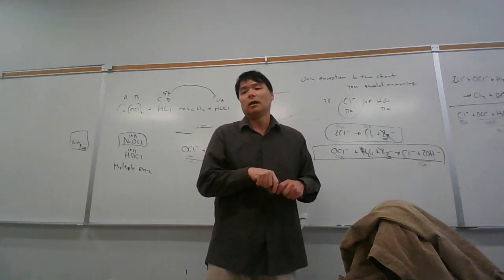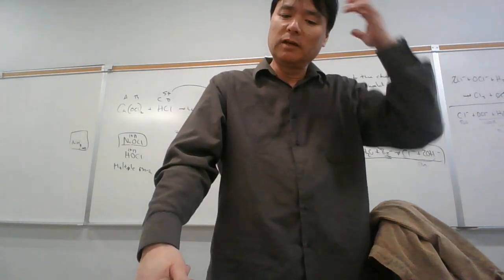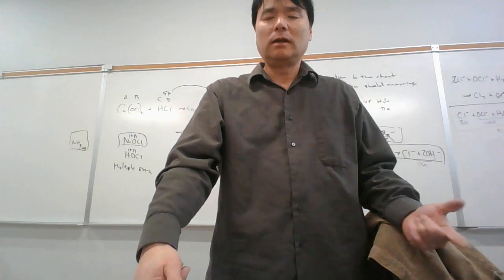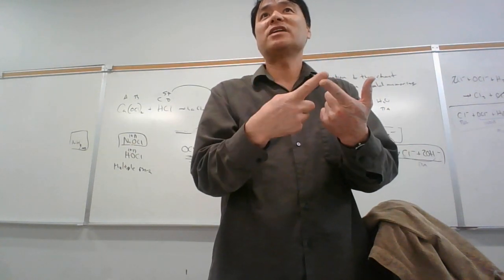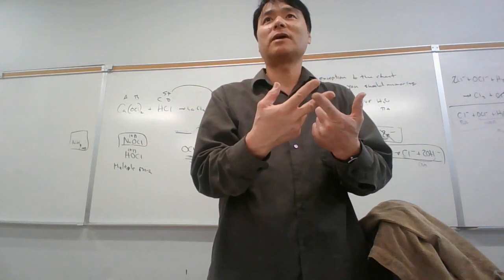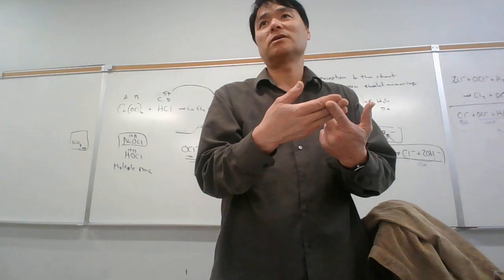Normally we try to keep things simple, but what typically we do is we look, is there a metathesis reaction, yes or no? If it's yes, we still look, is there an acid-base reaction? Yes or no. We still look, is there a redox reaction?